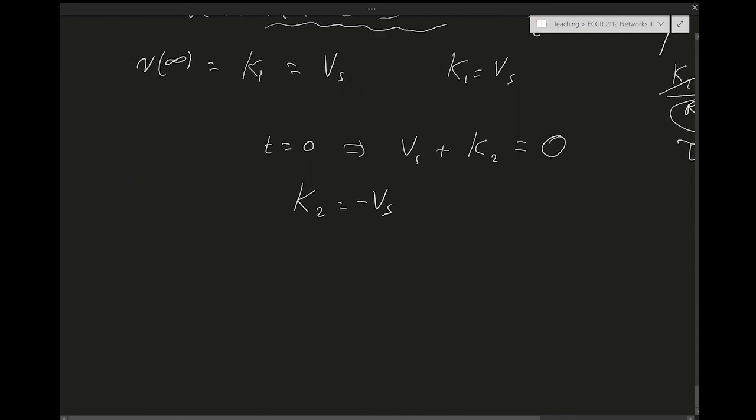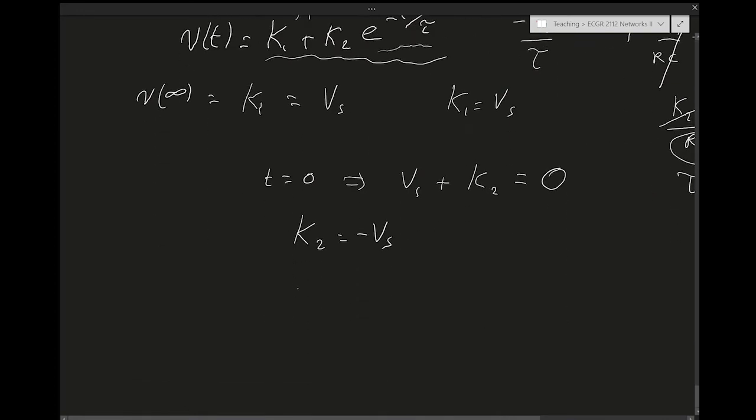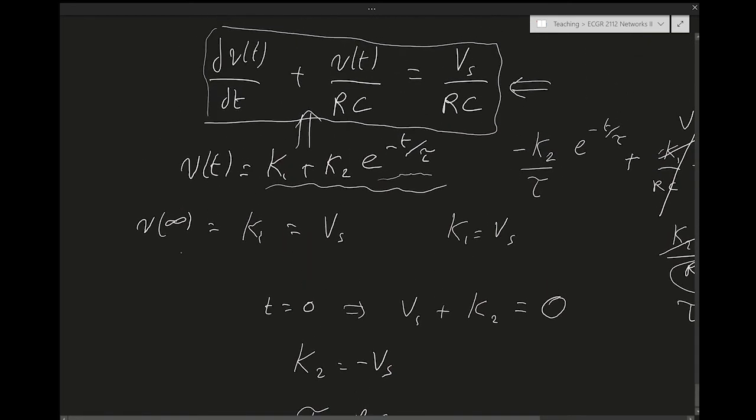So just from plugging the general solution back into the differential equation, I get that tau equals RC. I got K1 from the steady state condition, and I got K2 from the initial condition. Or I could have gotten K2 if I knew the voltage at any instant in time.